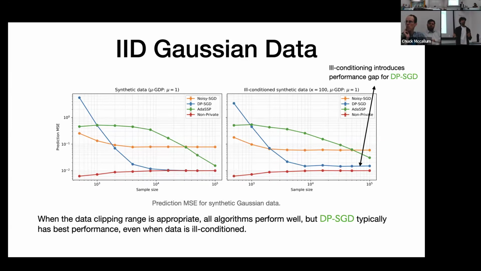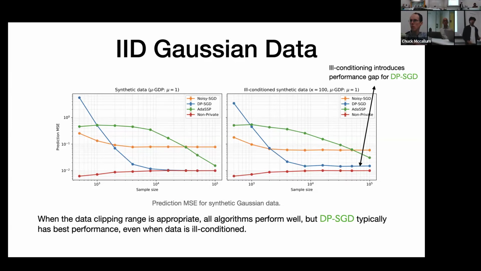That said, DP-SGD typically has the best performance here, even when the data is ill-conditioned, although the ill-conditioning introduces some additional hardness into the optimization problem. We see that this surfaces as a gap between the non-private and the private solution, even as the sample size becomes large enough for convergence to the non-private solution for other algorithms like AdaSSP, as an example. But by and large, DP-SGD, even in this standard Gaussian case, is still better than some of the other algorithms that we talked about.